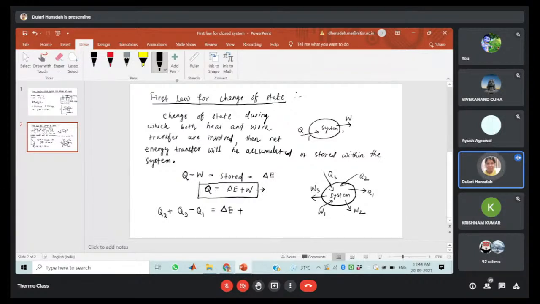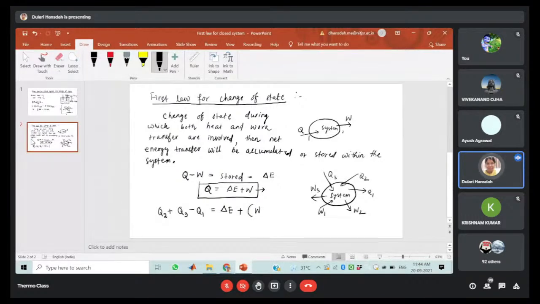So here also we will include the sign convention. So all of you know that when there is the work input, it will have the negative sign, right? So suppose in this case work output. So here we will consider the positive sign.